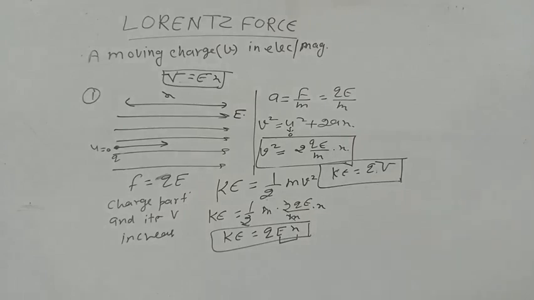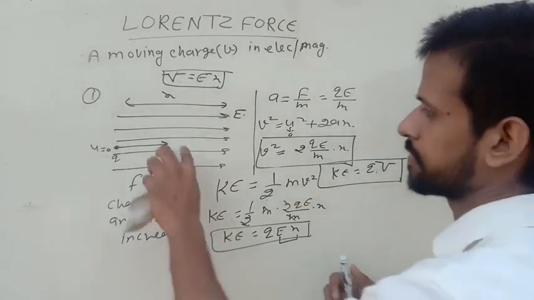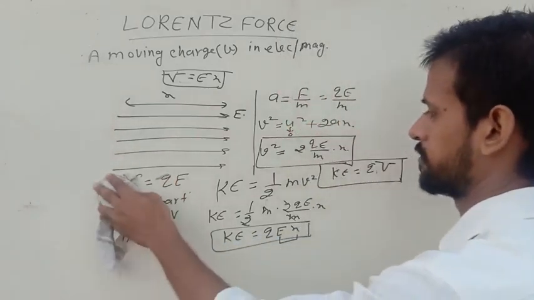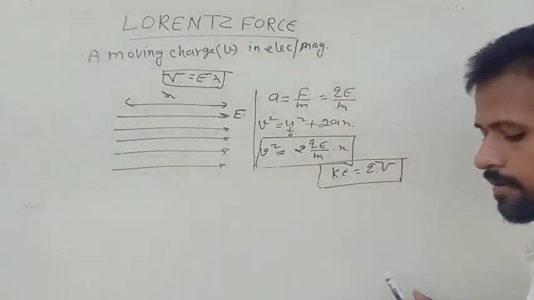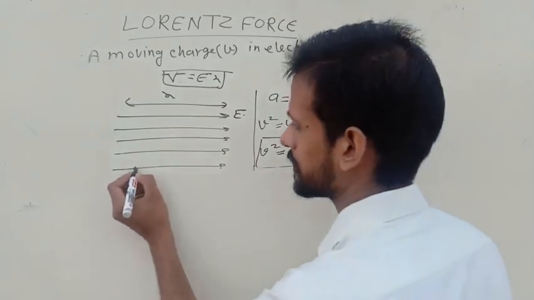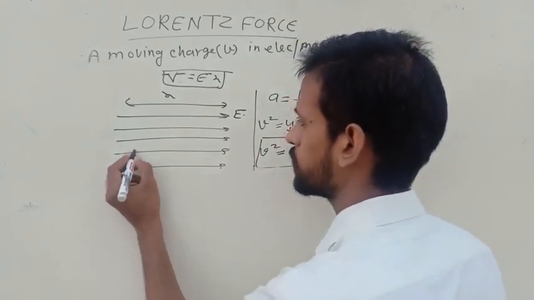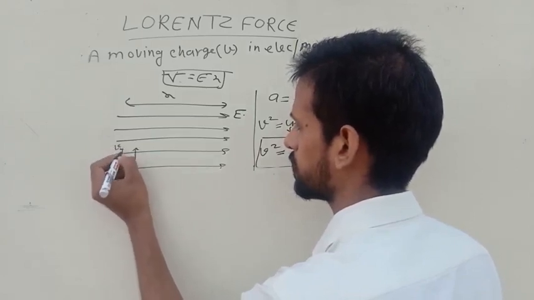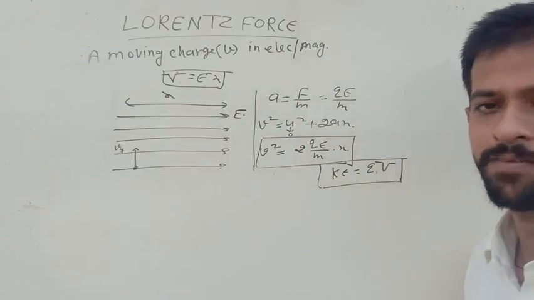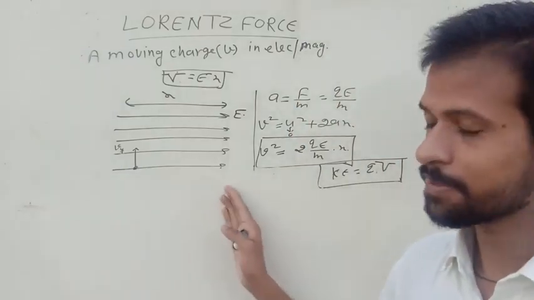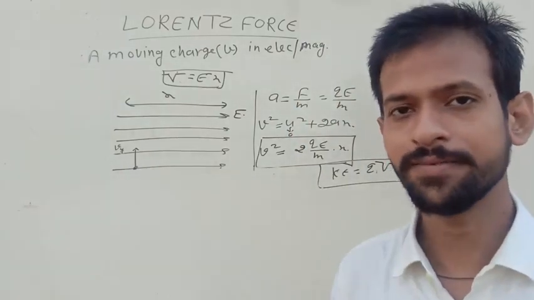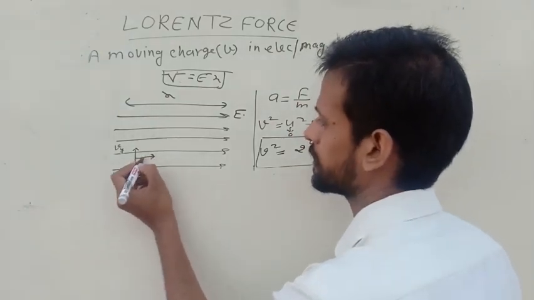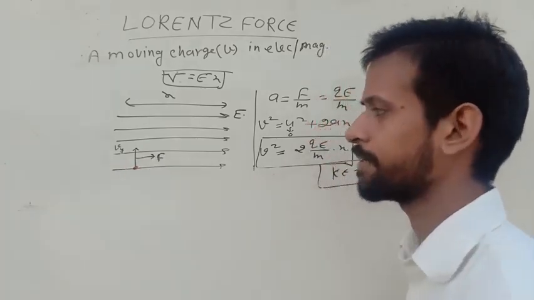Now another case. If the charged particle is here and moves with velocity Vy, then what will happen? Direction of electric field is this and the charge moves in this direction, then force on this charged particle is in this direction. This is the direction of electric field.